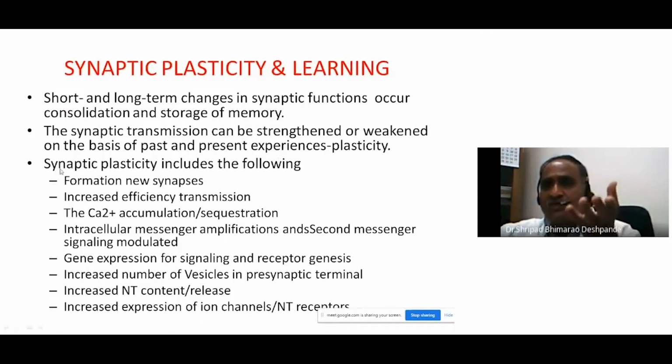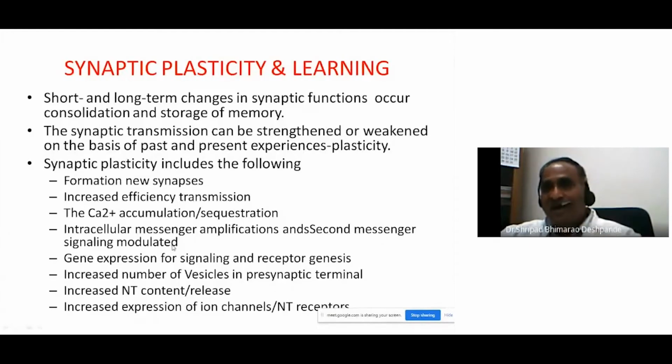Now I've put certain points here. Synaptic plasticity includes the following: the formation of new synapses, then the efficiency of transmission. That means whatever synapses we have, there is greater transmitter release. I also mentioned calcium accumulation and sequestration, then intracellular messenger amplification and second messenger signaling modulation.